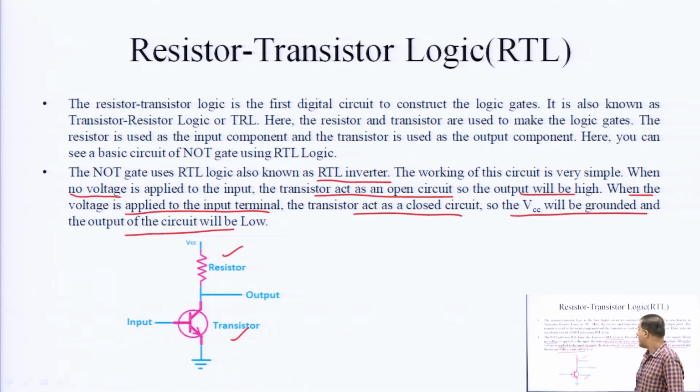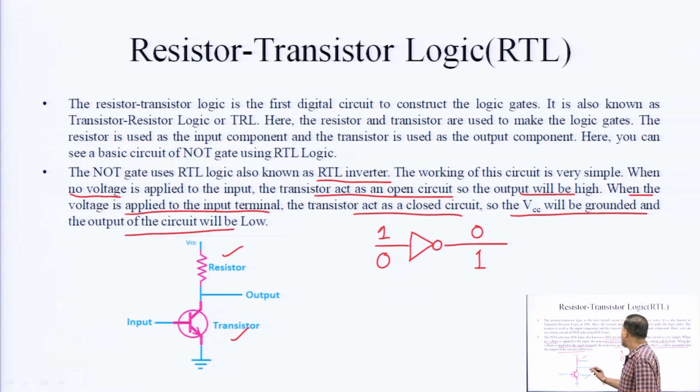And we know that a NOT gate is also like that. When we give logic 1 to a NOT gate, it gives low output, and when we give low input to the inverter, it gives high output. The same thing we have implemented here using resistor and transistor. That is what is called resistor transistor logic.